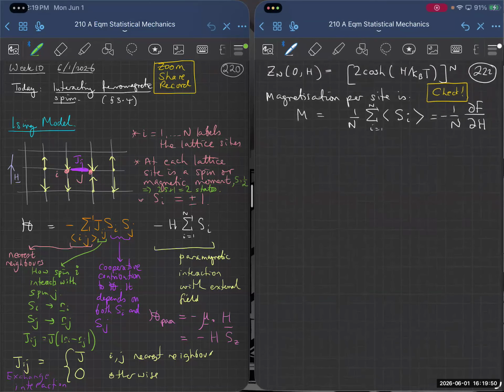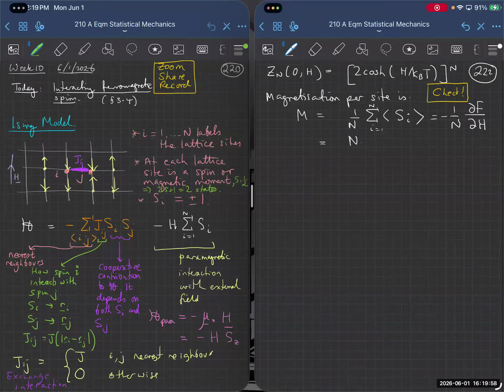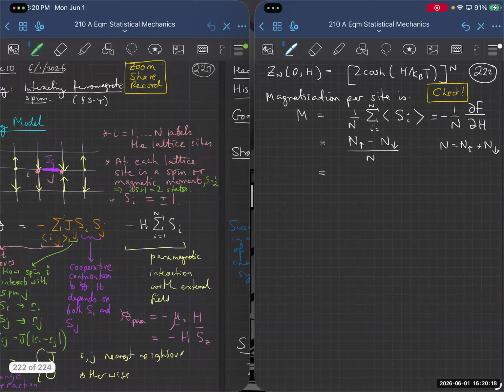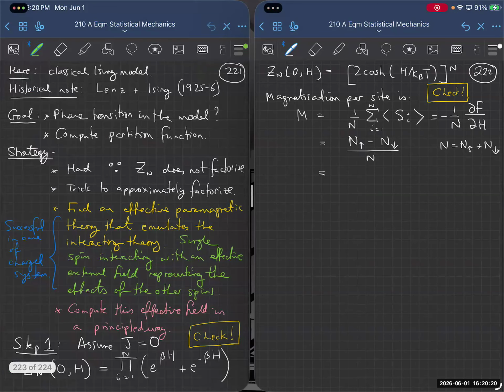Because the spins are either plus or minus 1, you can think of this as being the number of up spins minus the number of down spins divided by the total number of spins. Okay, so that's the magnetization. Now we just have to compute what it is. We have to differentiate 2 cosh(h/kT), and then take the logarithm and so on.